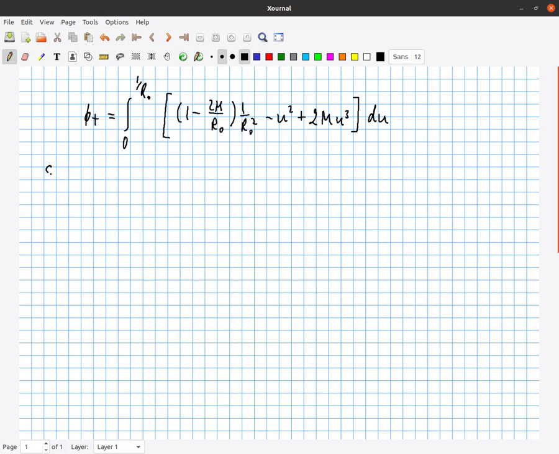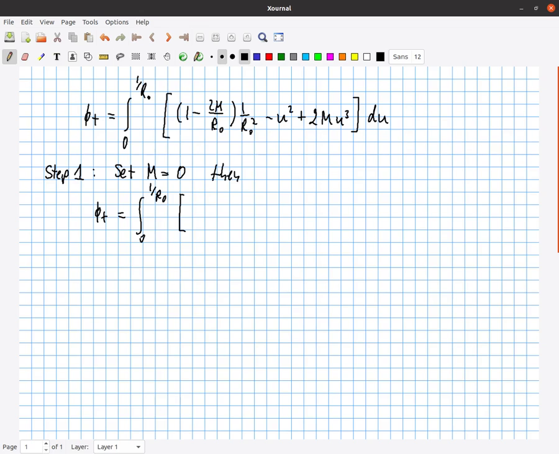So step 1, we will simply set m to be 0. Then this integral becomes quite simple. We integrate from 0 to 1 over r plus.